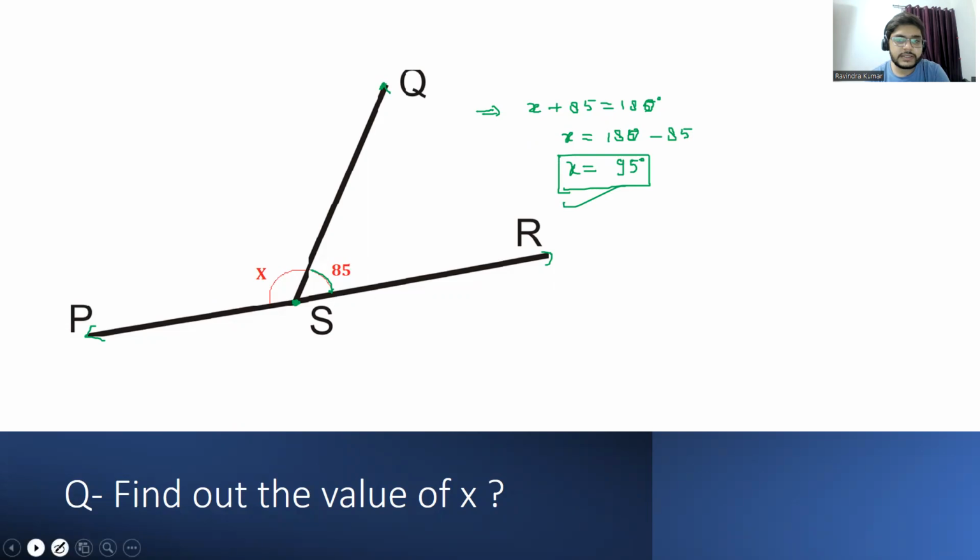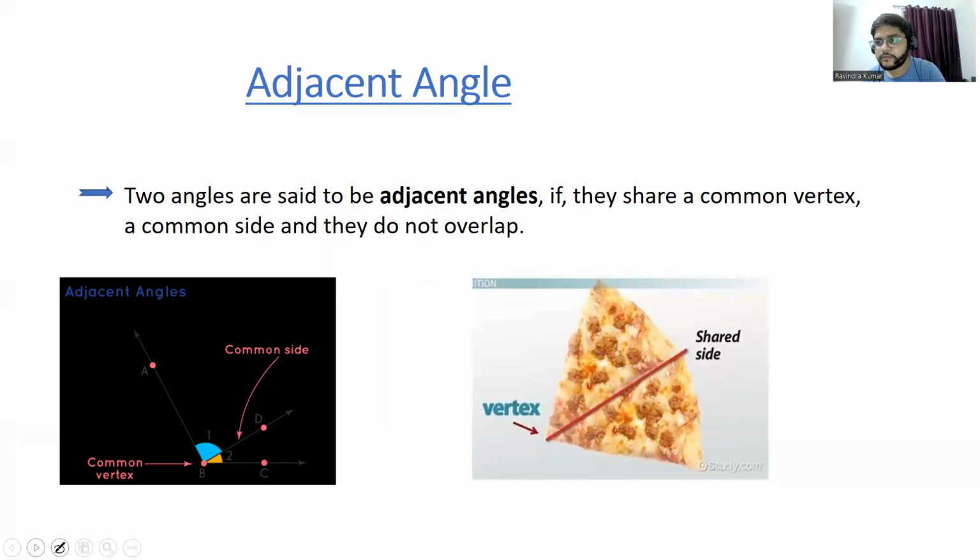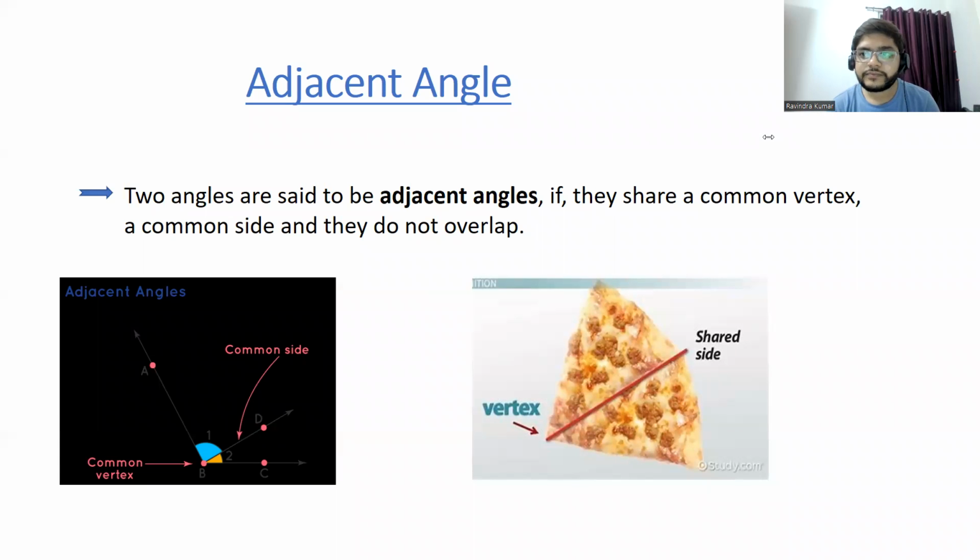So the next one is adjacent angles. What is meant by adjacent angles? Let's have a look here. Two angles are said to be adjacent angles if they share a common vertex. Keep in mind, there must be a common vertex and a common side, and they do not overlap.